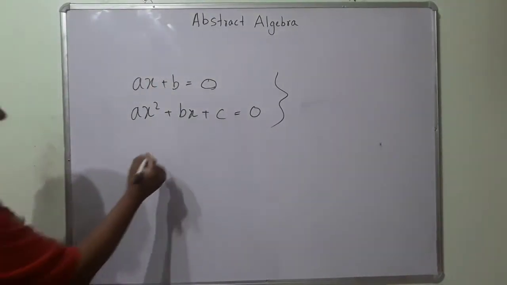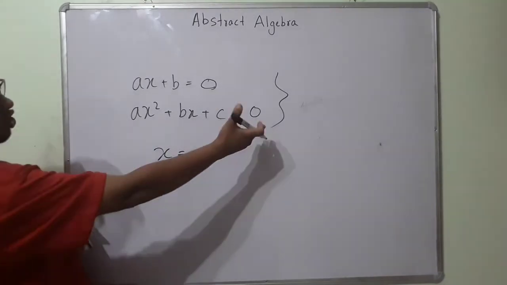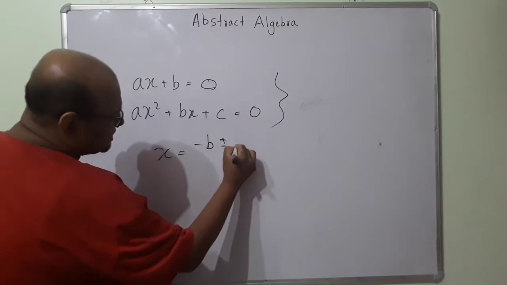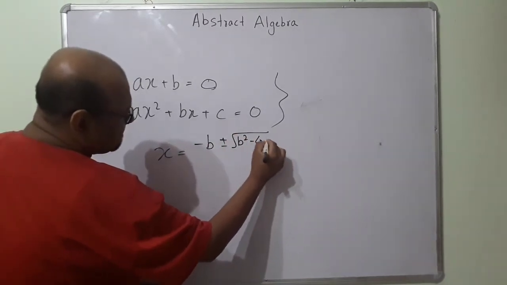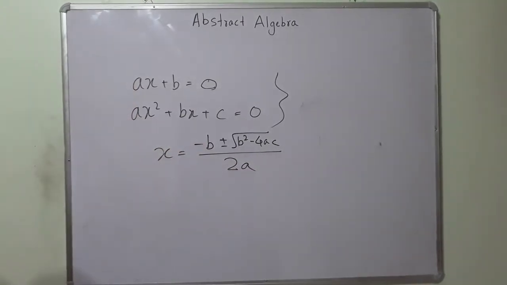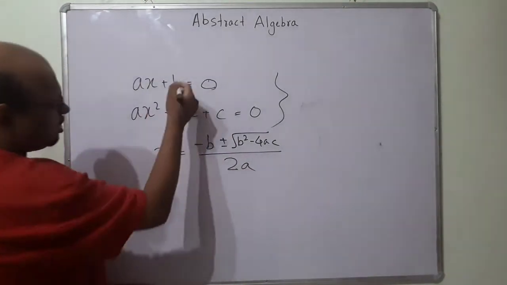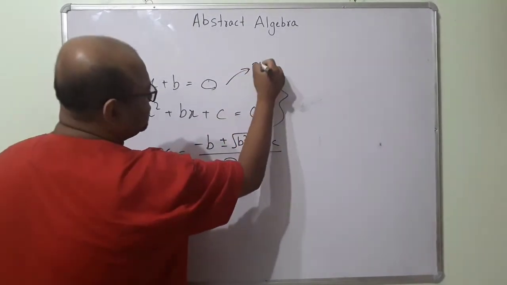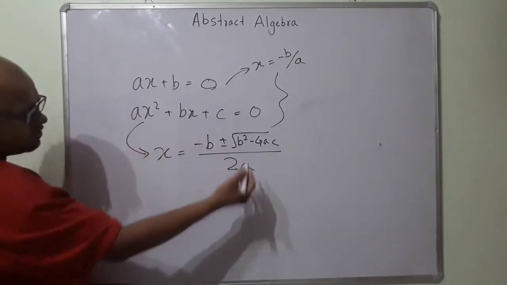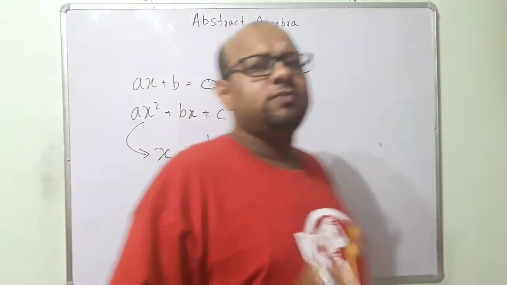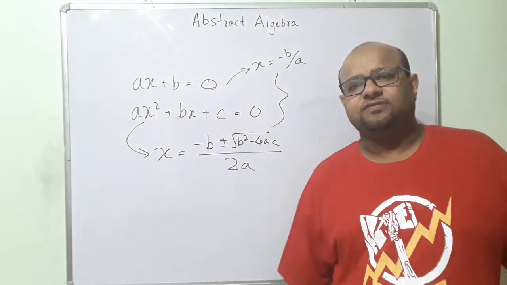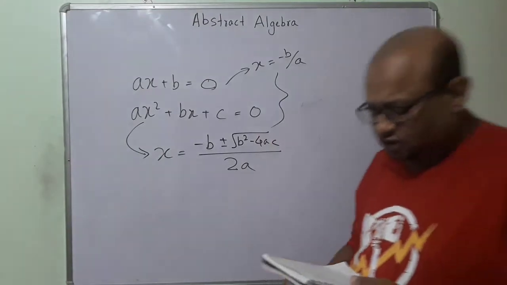Here x would be, you all know this is a quadratic equation. So the roots of the quadratic equation are this. The solution to this is x equal to minus b by a. The solution to this is x equal to this. This was known from ancient times, from before the time of the Greek philosophers.